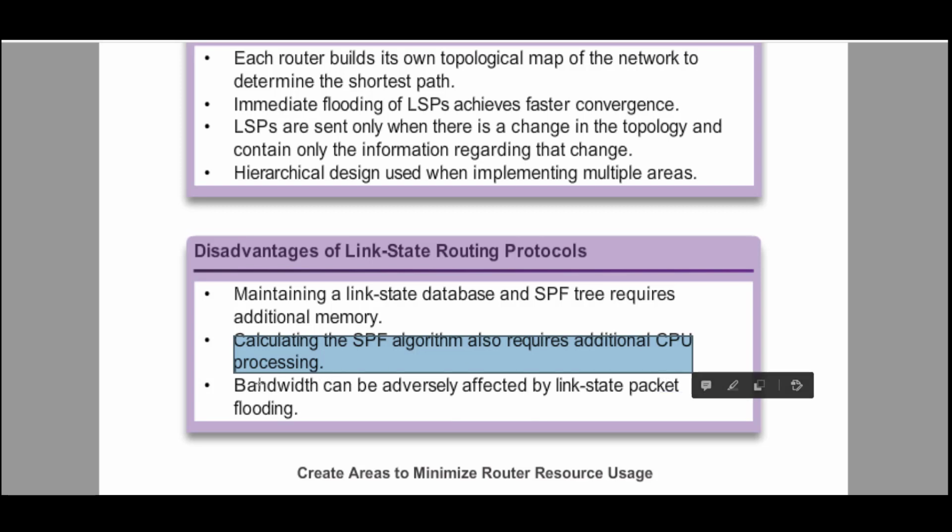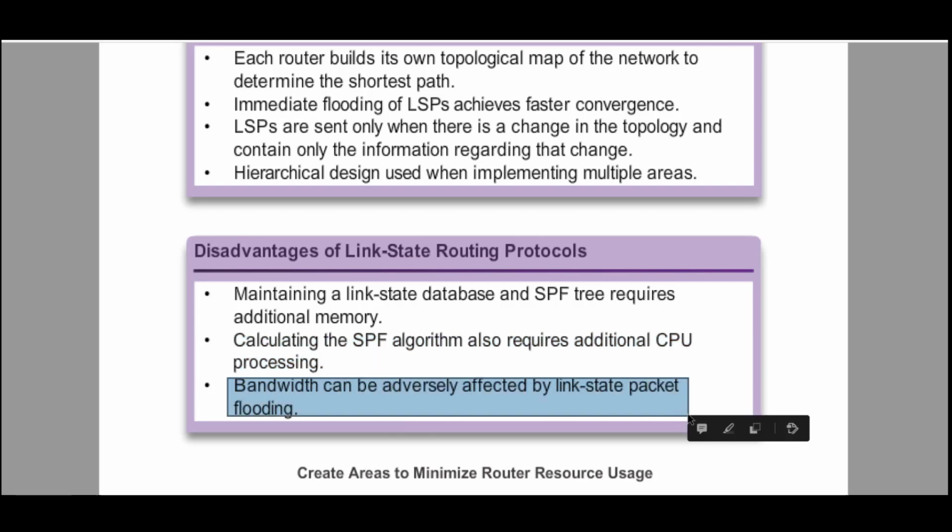Then bandwidth for exchanging the packets. There are a lot of packets, and we have to flood them. The first one is the LSP packet, then you are going to flood the routing information update packets. So it needs more bandwidth. Network consumption, that means network bandwidth, is very important. You need high bandwidth here.